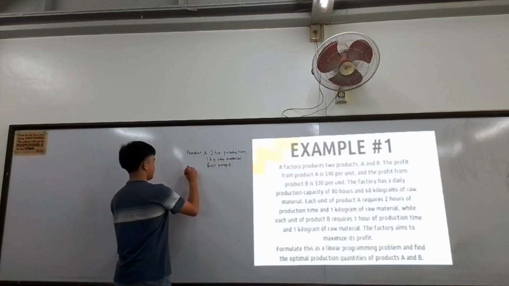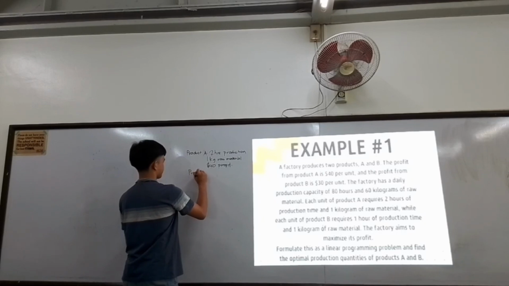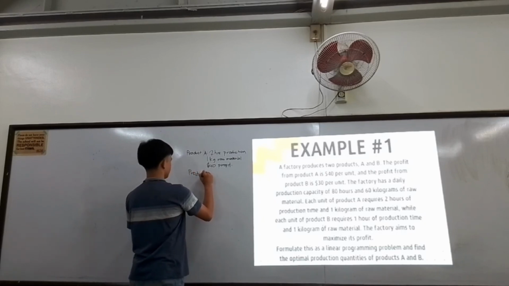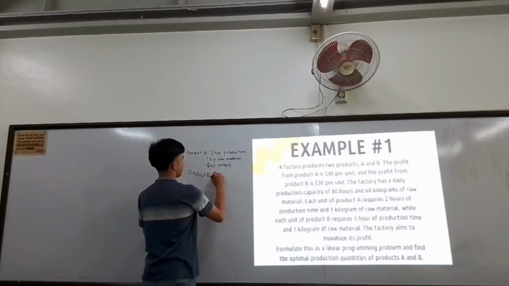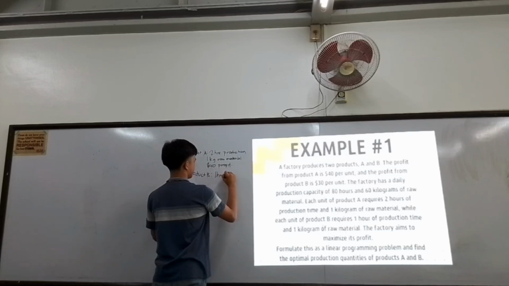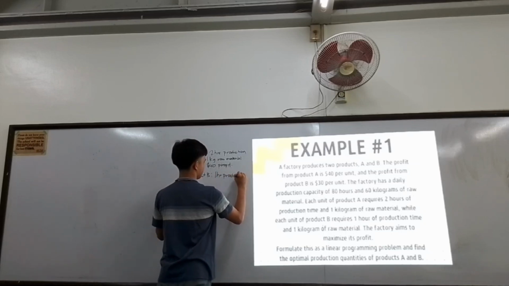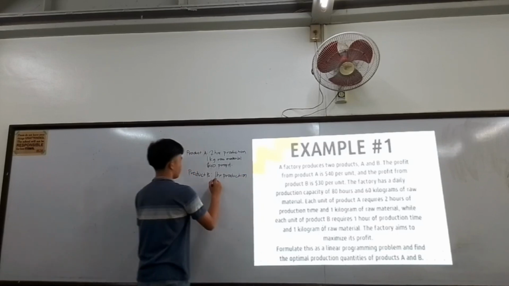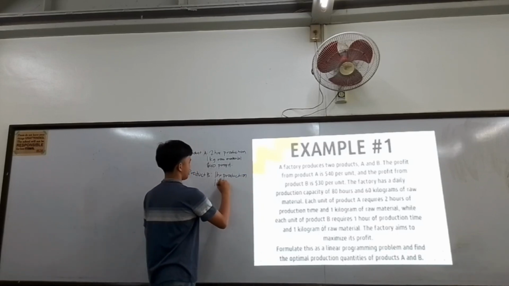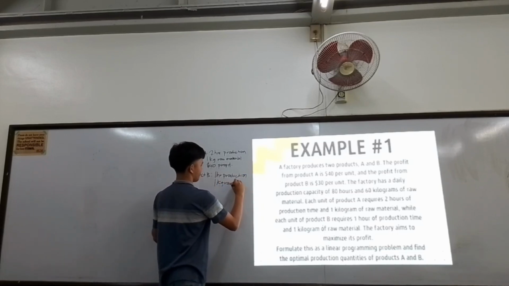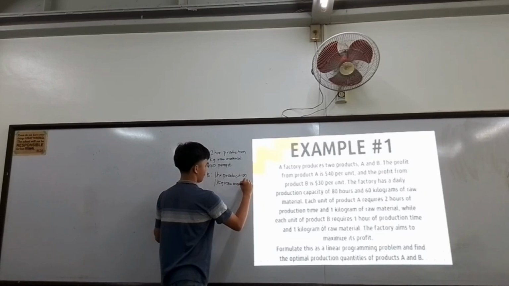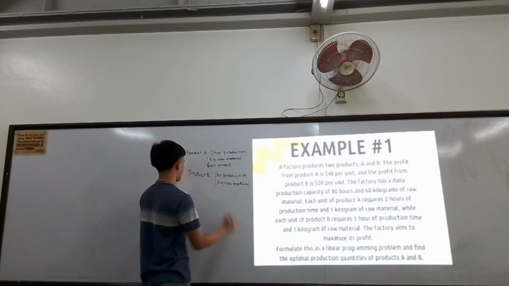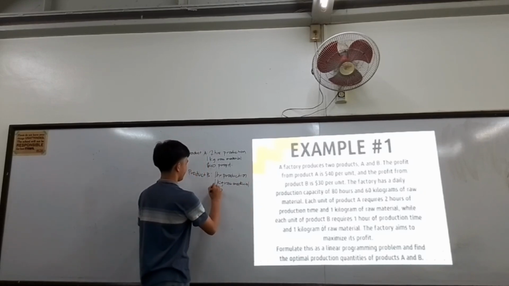And for product B, we have 1 hour production, 1 kilogram of raw material, and $30 of profit.